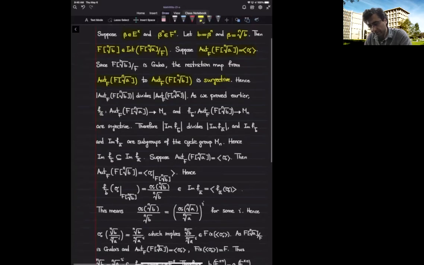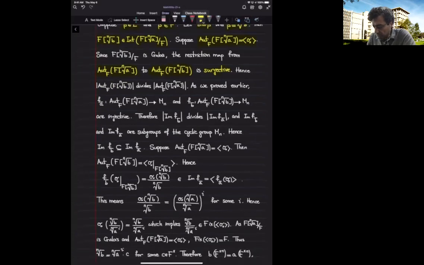Now I can work with the Kummer pairing of not the original field extension, but rather this field extension that we have over here. So for this Kummer pairing, I use this B bar, and this gives me a group homomorphism from the group of automorphisms of this field extension to the nth roots of unity.